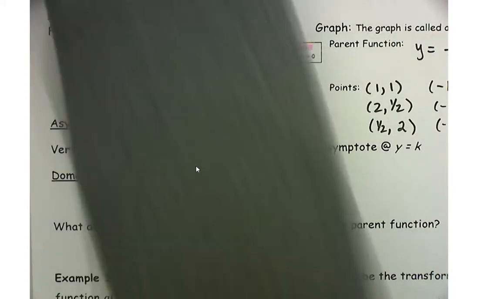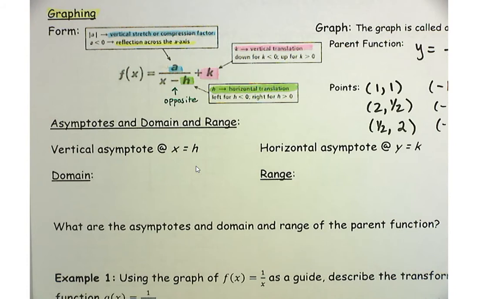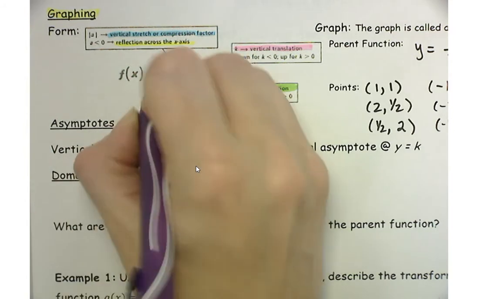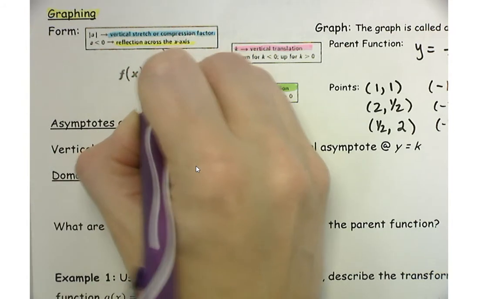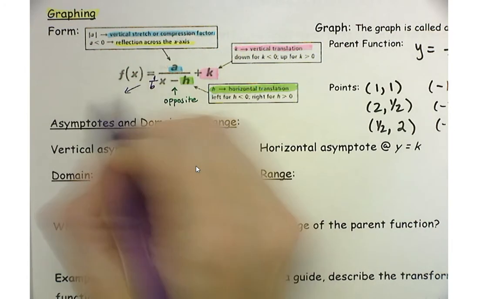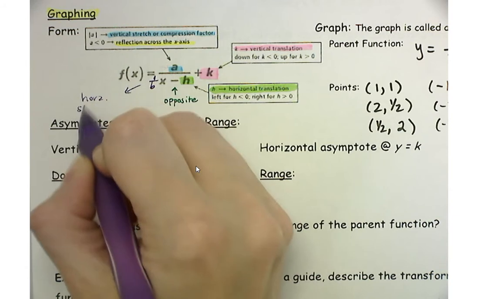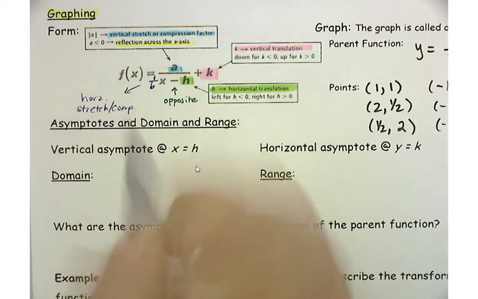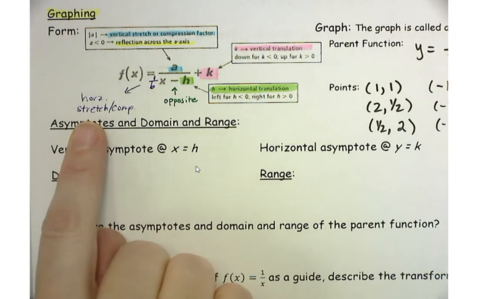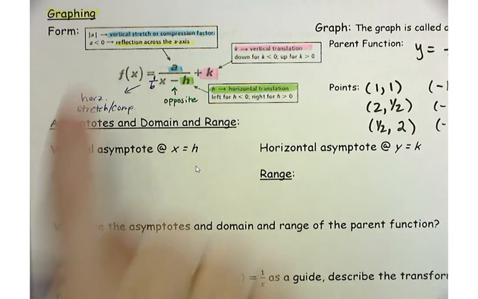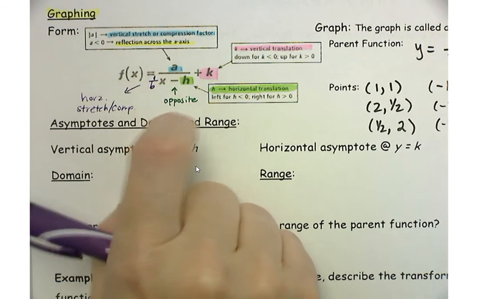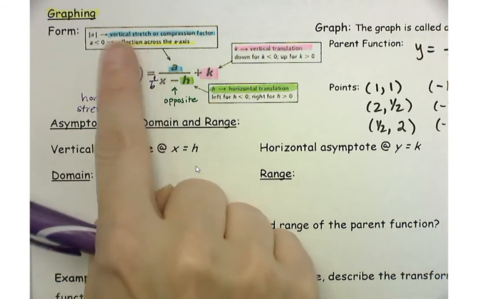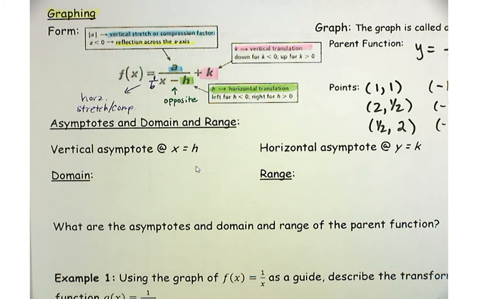If there was one, there would be a factor here, the 1 over b. That would be the horizontal stretch or compression. But remember, a horizontal stretch is going to have the same effect as a vertical compression. A horizontal compression is going to have the same effect as a vertical stretch. So a lot of times that's why we'll just put it in terms of the vertical stretch or compression.